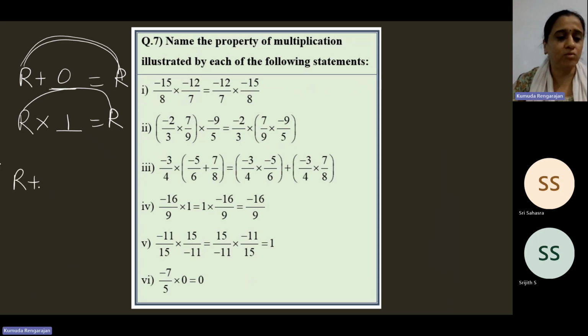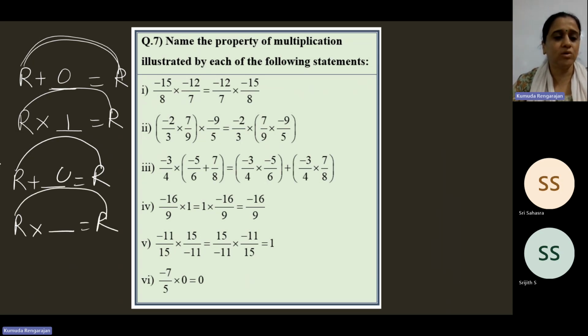Rational number plus 0 is equal to the same rational number. Rational number into 1 is the same rational number.